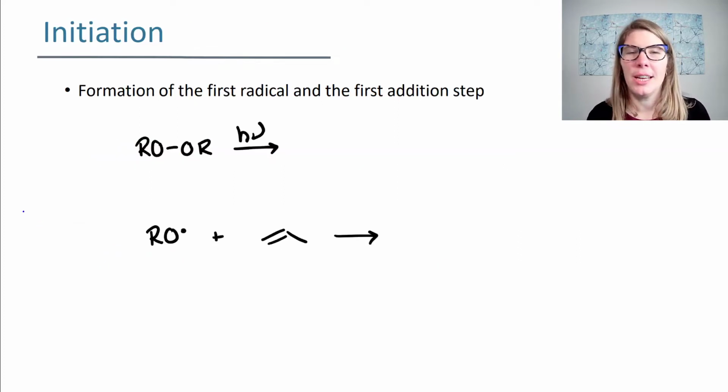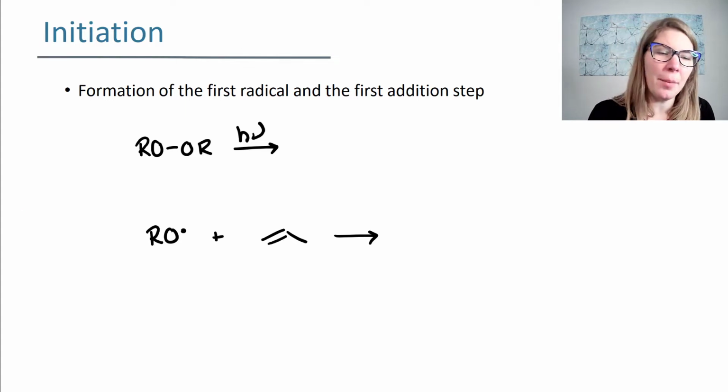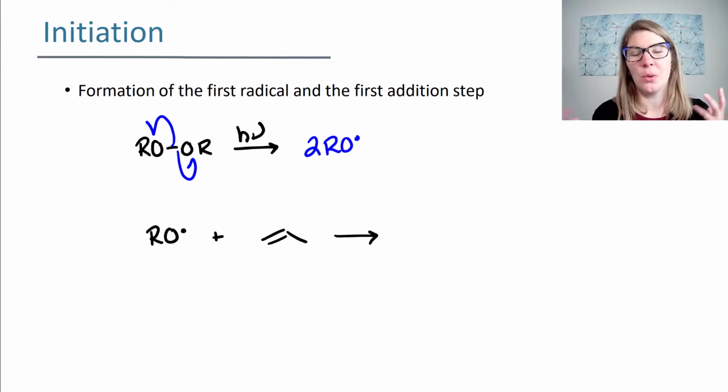Let's first look at initiation. For initiation, you need a radical initiator to begin with. Peroxides are really good ones because they are cheap and they are easily accessible. You can hit a peroxide with light or heat, and what ends up happening is this bond breaks and you get 2 peroxide radicals. And that is the first half of your initiation step.